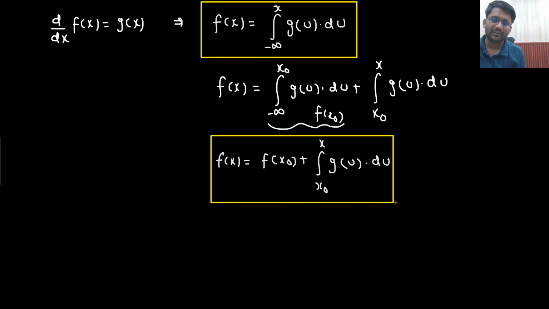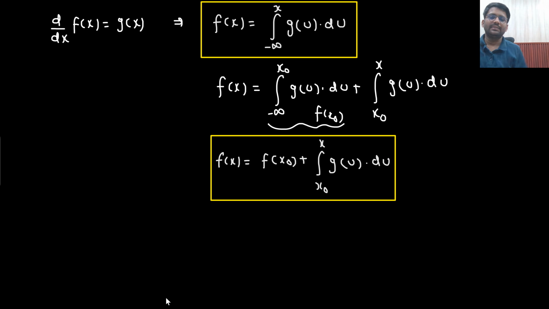This is the answer that you will be getting. Is that understandable to you? So if d by dx of f(x) is given, which equals g(x), then can you find f(x)? Yes sir, this is the first expression that I will be getting. Then I can break it in this manner. At a lot of places you would have seen this expression, but how this expression came, it would have come from this expression.